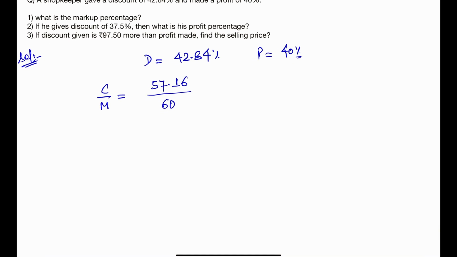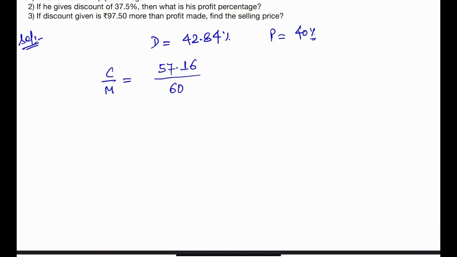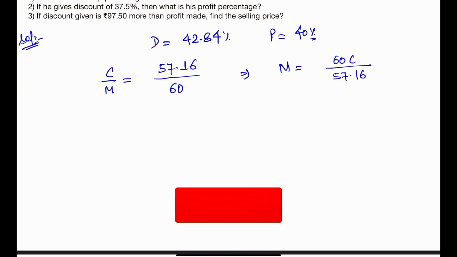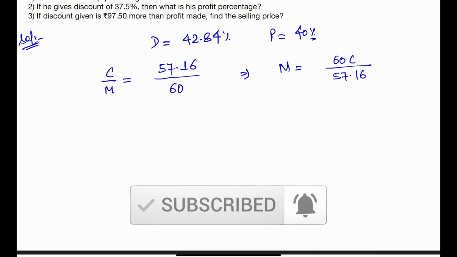So from here if I try to find, I can find the value of mark price as 60c upon 57.16. Okay, so this is the value of mark price.